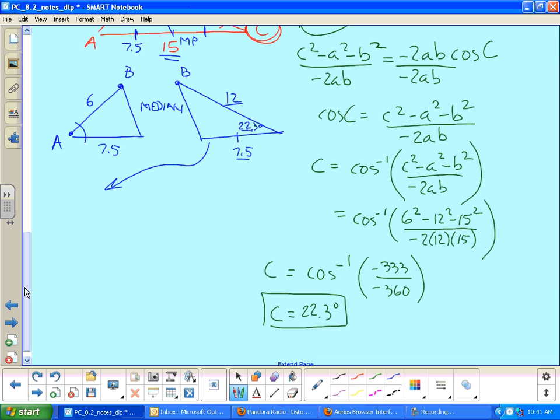I need some information with regards to angle B or this angle here, and I don't have that. So we're going to have to set up a law of cosines again, this time for the median squared. Now we'll say median squared is equal to 12 squared plus 7.5 squared.